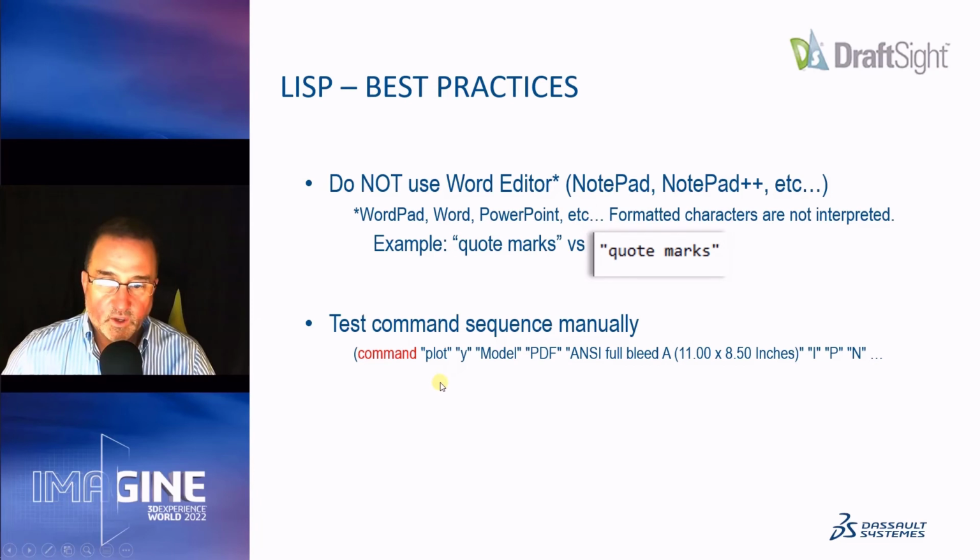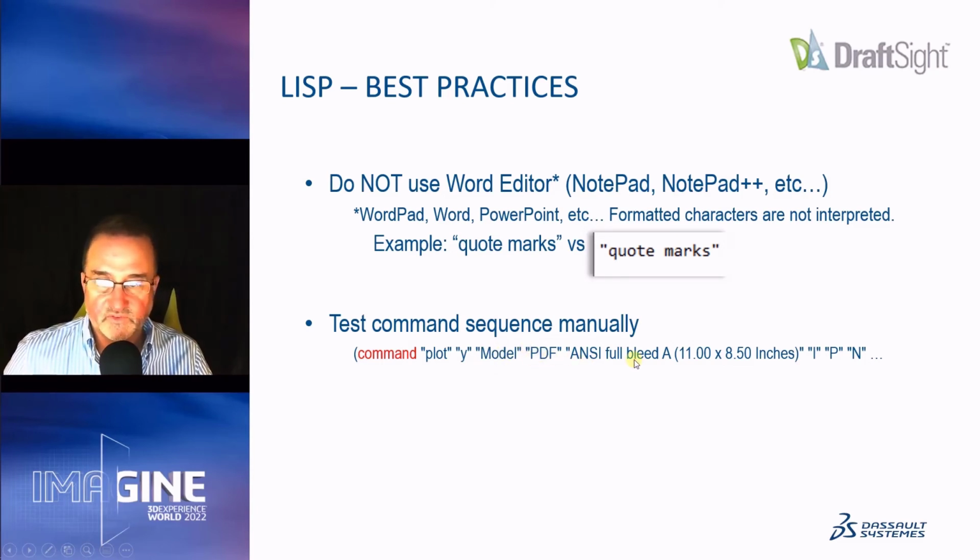Also, whenever I write a Lisp routine, oftentimes I will test the sequence of commands that I'm going to create manually, typing them in. A great example is, let's say I want to automate plotting to a PDF file. Notice here I'm going to start with an open parenthesis, the command name, and I'm going to use the plot command. And the first question will say, do you want to do advanced options? And you'll say yes. And then what's the area you want to plot? I'm going to say model. What's the driver?